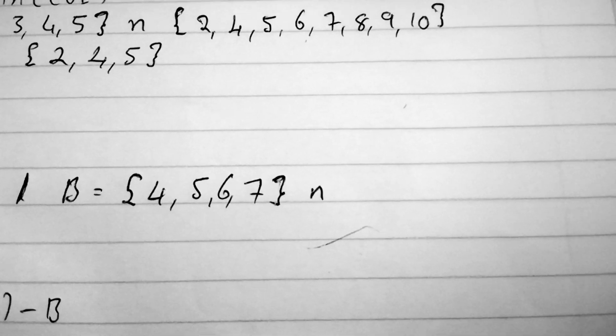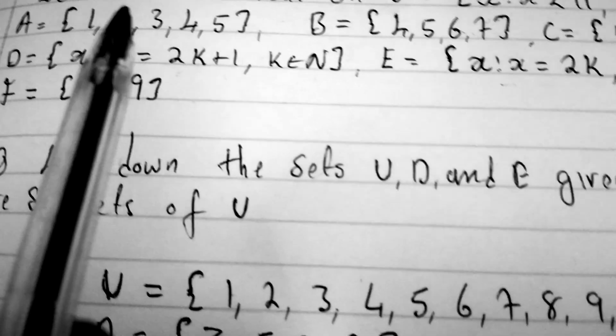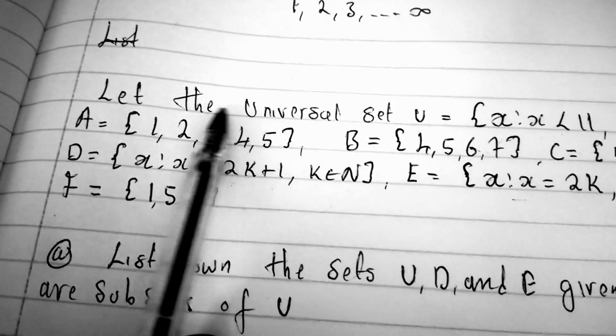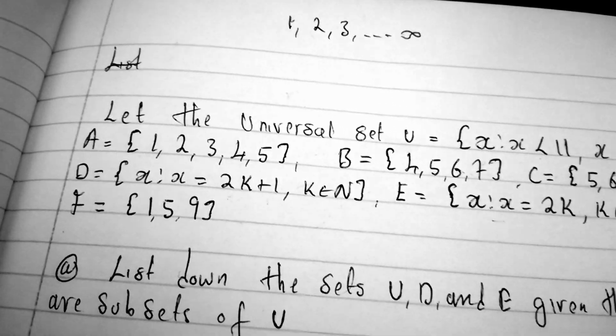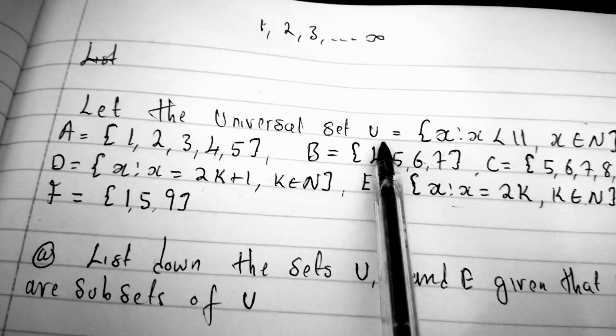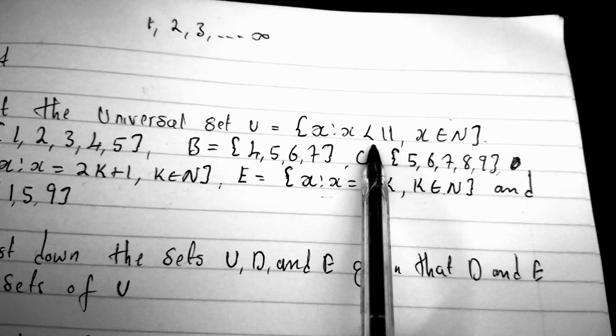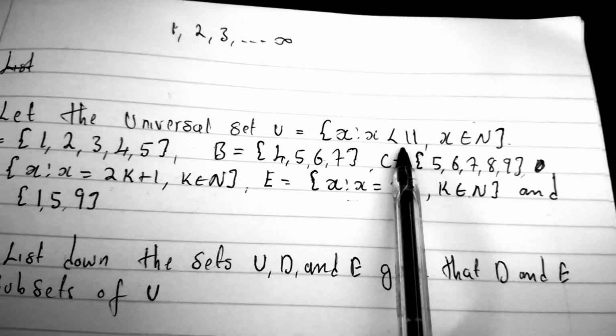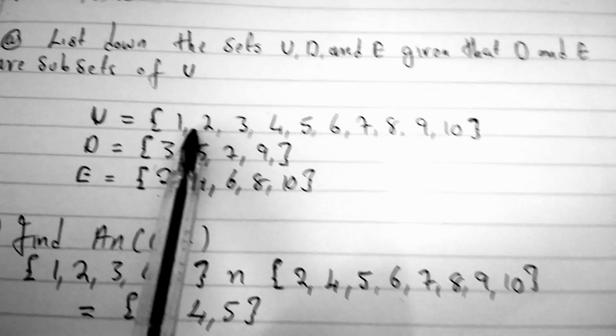So I'll go back here and see what my A is. This is what is in A. Now I want to find what's not in here but is in the universal set. So I'll check my universal set. This was the initial universal set that we were given. It was given in set builder notation, but we've listed our universal set here.